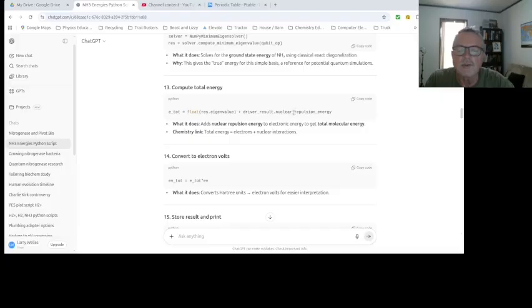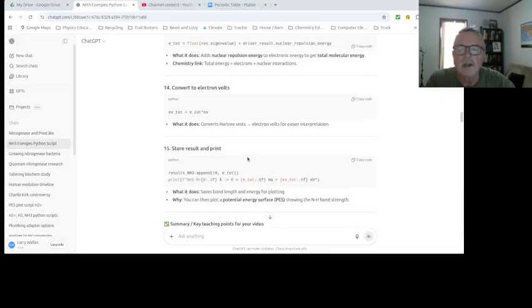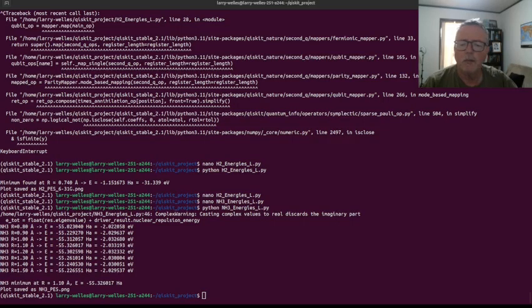Then I've got a little thing to convert it to electron volts, and if I run this darn thing, it takes about 20 minutes to run. So either the computer program is written incorrectly, or it actually takes a lot of computations to make this whole thing work.